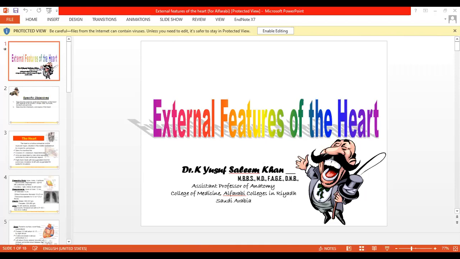So this is a hollow conical muscular organ situated in the middle mediastinum along with its covering, that is the pericardium.